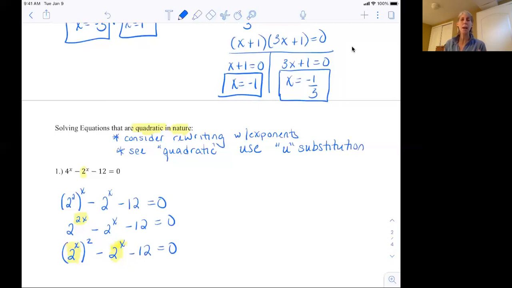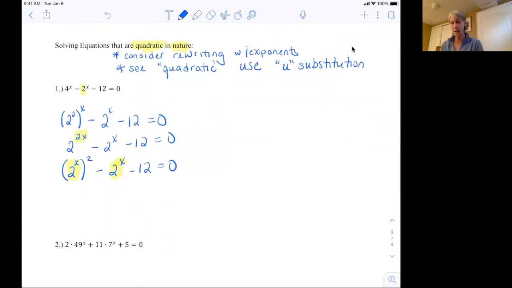Anytime in math that we use U substitution, it just means we're going to, on the side, say, let U equal 2 to the x power.